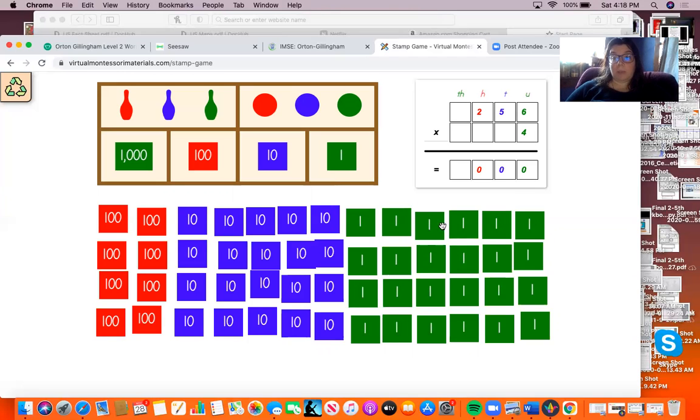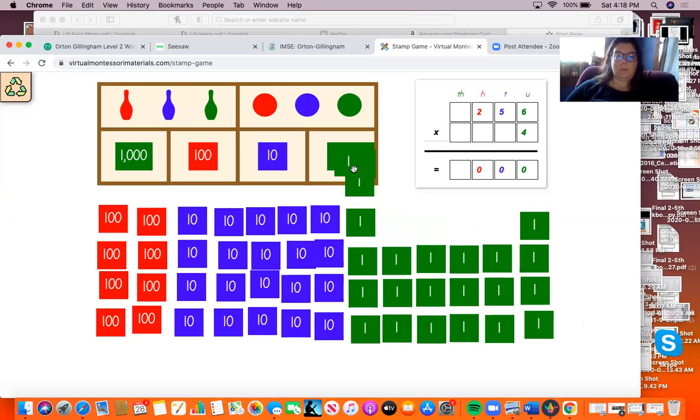Going across to skip count by 6s, we could say 6, 12, 18, 24. So we have 24. So that means I'm going to keep 4 of these units here, and then I have to regroup 20 for 2 10s, right? So put all these back.